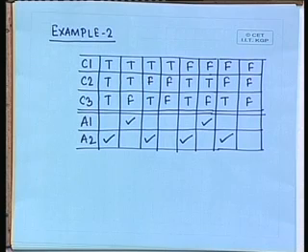Because there are three variables, you can take C1, C2 in one direction and C3 in another direction.